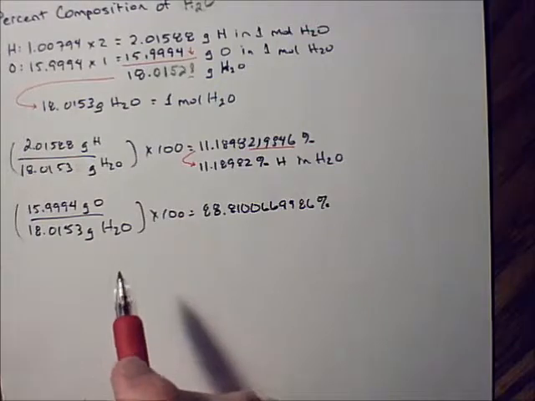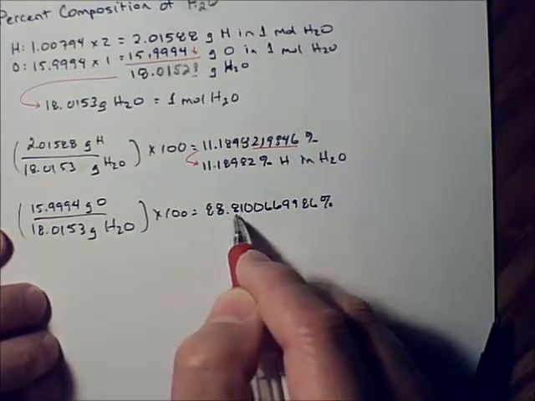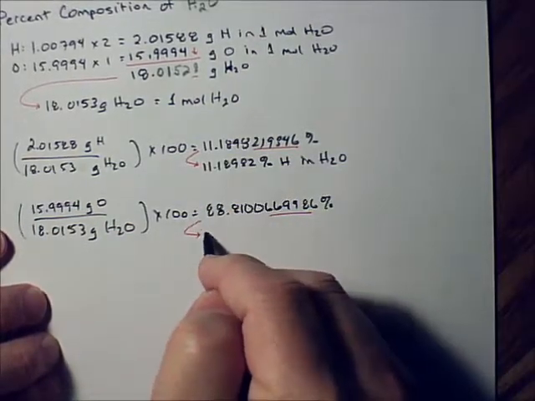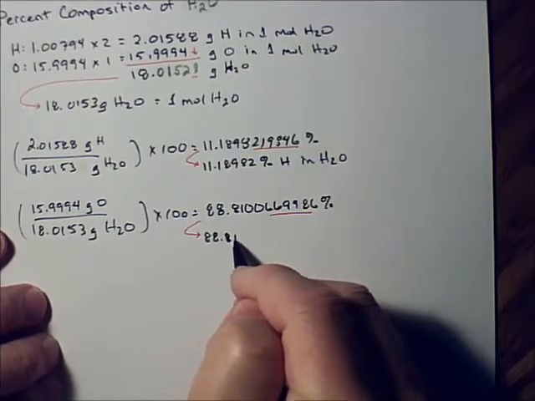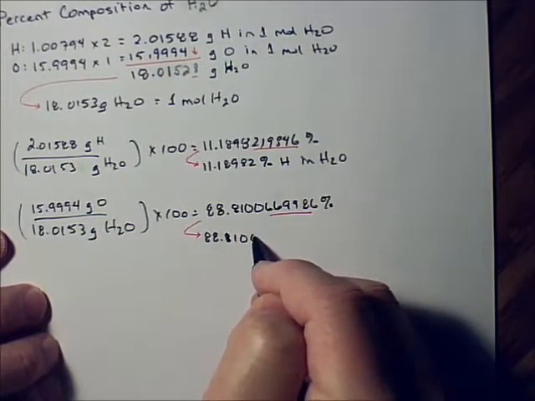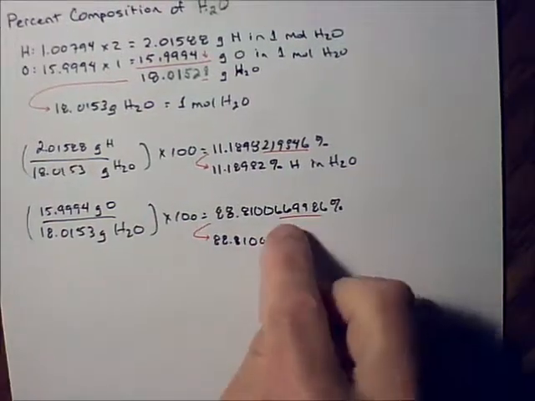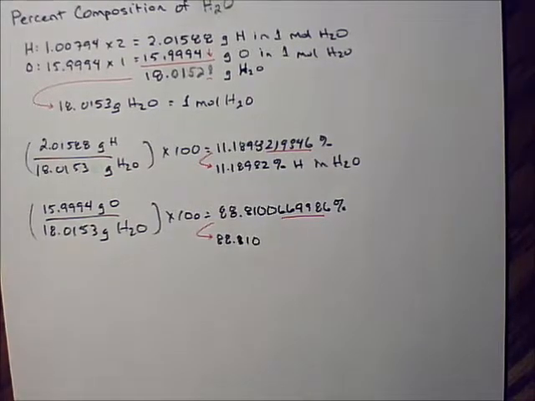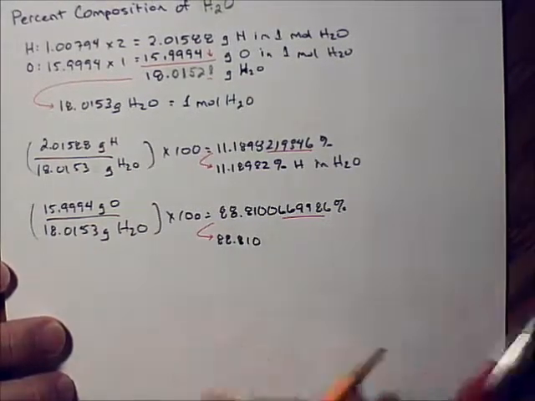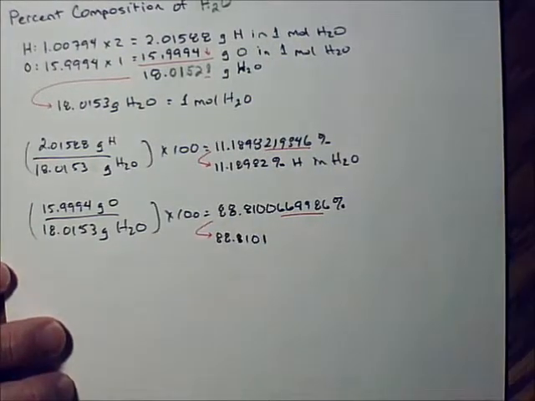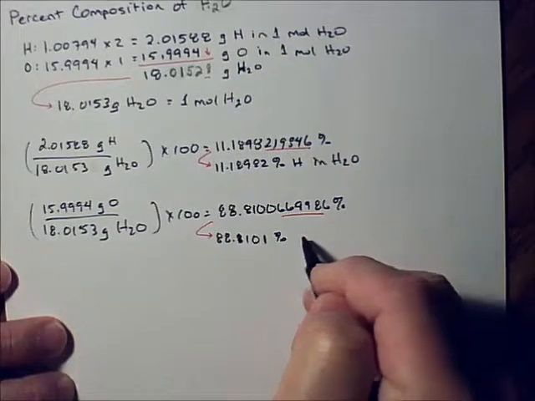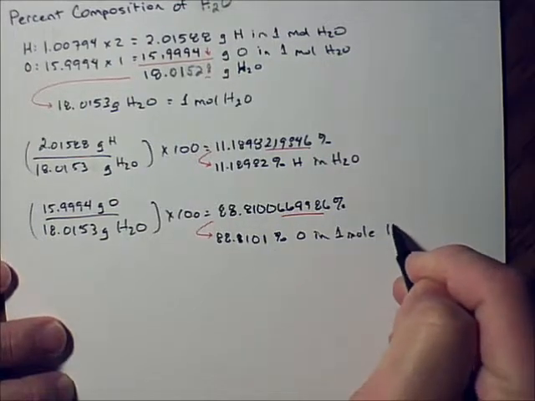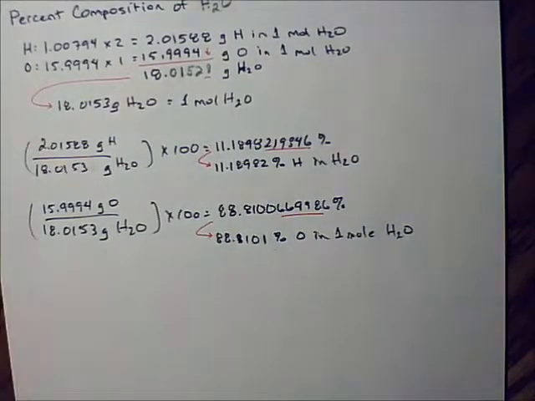Round that off to 6 digits again. 1, 2, 3, 4, 5, 6. 88.810. Let's see, it'd be a 1 there, wouldn't it? 6 makes the 0 round up to a 1. And that's percent oxygen in 1 mole of H2O. Or just in H2O is fine.